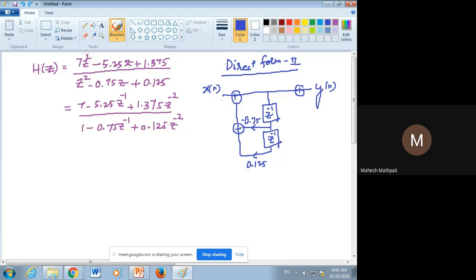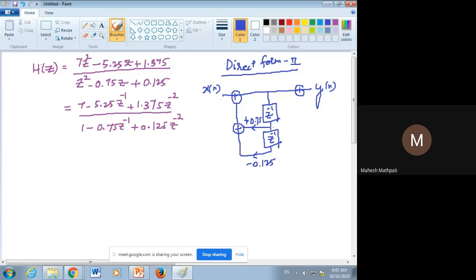Now on this side, it's plus 0.75 and minus 0.25? Okay, that's correct. It is plus 0.75. So here let me write plus 0.75, and this is minus 0.125.